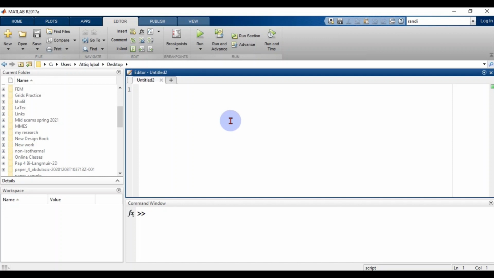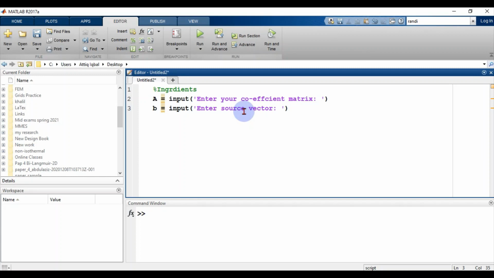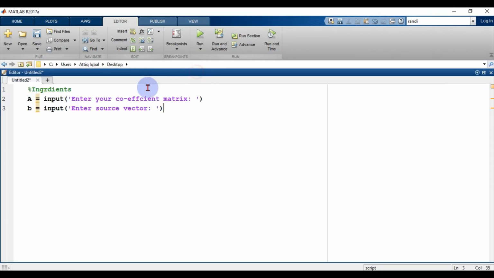First of all, there will be my ingredients: I have to put the A and B matrices in order to start the Gauss-Jordan method. Without the A and B matrices, there is nothing on which I am going to apply the method. So these are my basic ingredients, and I am going to take input from the user. So I will run my code and then I will input these matrices.